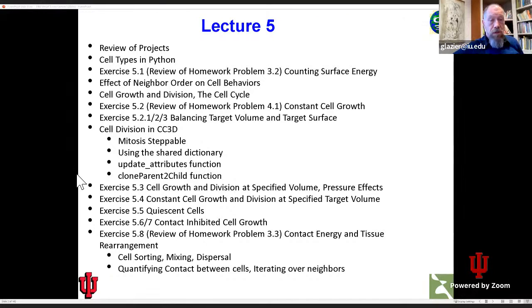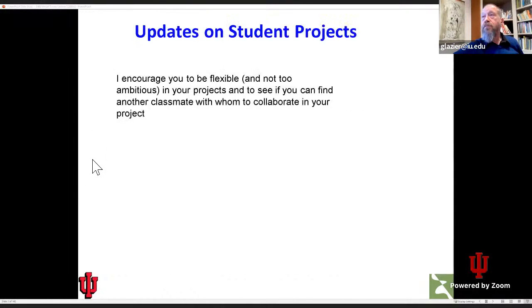I hope as things go on, those tools will become simpler to use. I also want to go over one other homework problem from last week that I think would benefit from a little bit more explanation. So maybe we should start out by just going through the updates on student projects.